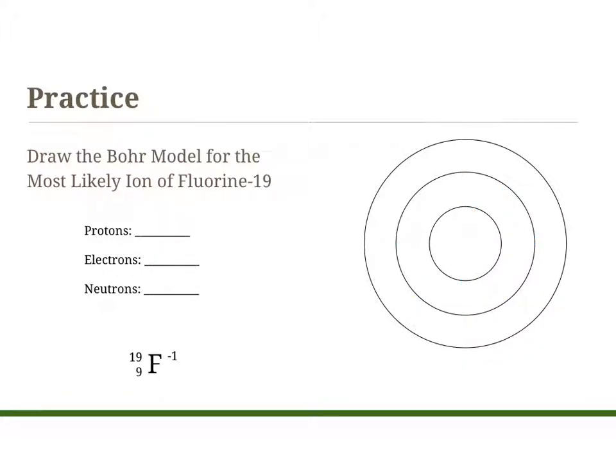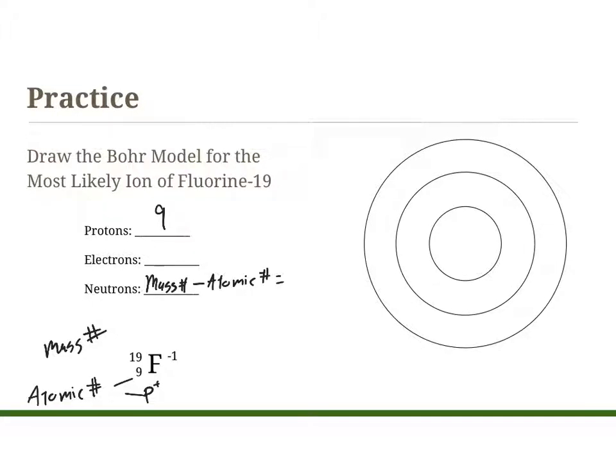If I were to draw an ion that forms with fluorine, again, this is the mass number, this is the atomic number, which tells me the number of protons. So I know that I have 9 protons, okay? And we said that the neutrons is mass number minus atomic number.